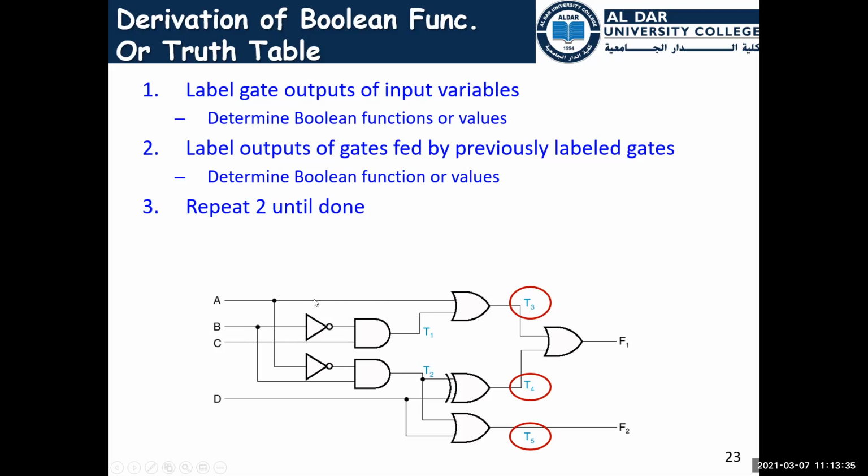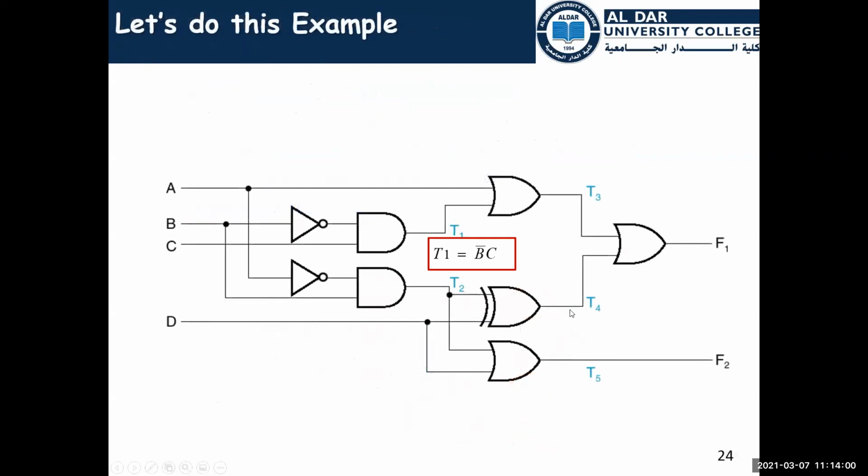For example, you have here A, B, C, and D, and T1, T2, T3, T4, T5, and that's it. You don't need any other variable. You can describe the entire circuit using Boolean expressions, just using those variables. For example, T1 is what?